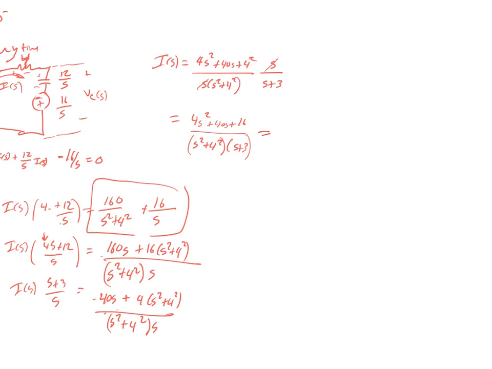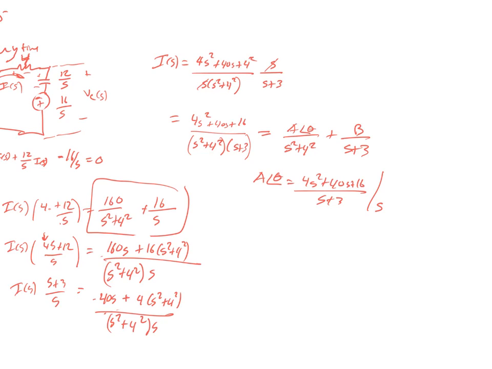So that's going to be equal to a at an angle of theta over s squared plus 4 squared plus b over s plus 3. And that's it. I'll solve for a at an angle of theta, equal to 4s squared plus 40s plus 16 all over s plus 3. What do I evaluate at again? I'm looking for a at an angle of theta.